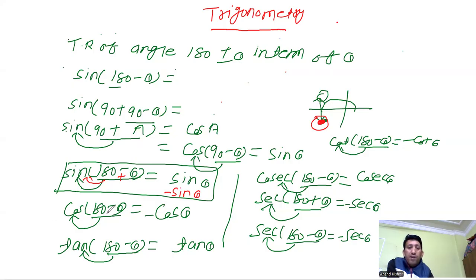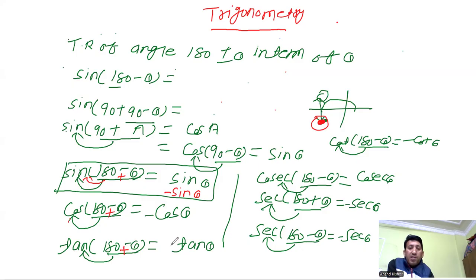Now for cos, if I take plus, so cos 180 plus theta is cos theta, and this is the third quadrant. In the third quadrant cos is negative, so negative. Now if I talk about tan, if I take plus, this is not 90, not 270, tan remains tan.